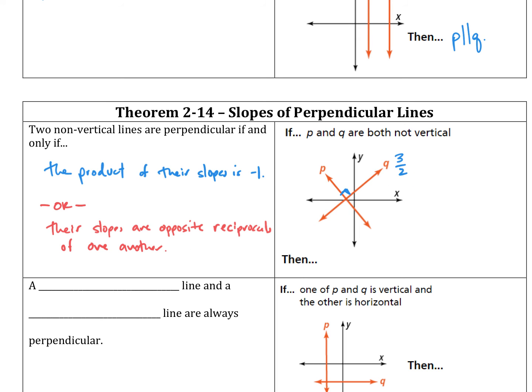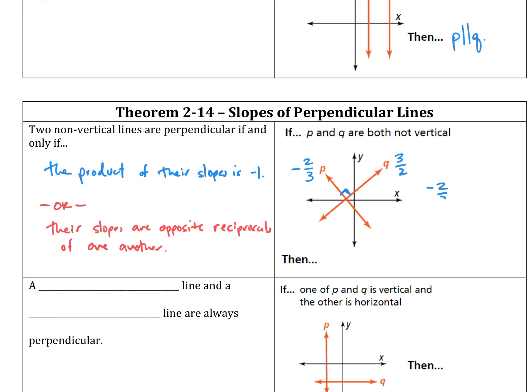The opposite part means it's going to have an opposite sign, so we'll say it's negative. The reciprocal part means that the fraction version of the slope is going to be flipped over. So whereas Q had a slope of +3/2, P would have a slope of -2/3.